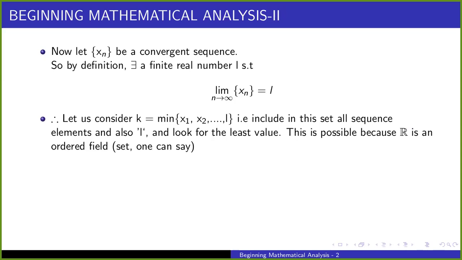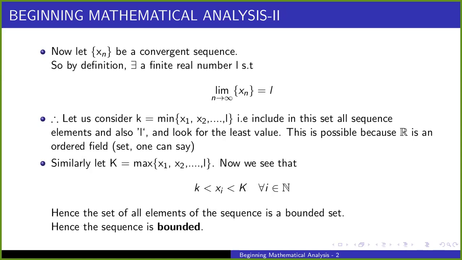This is possible because R is an ordered field, so there's an order on elements of any subset of R. Similarly, let capital K be the max of this same set. Now you immediately see that all xi's lie sandwiched between small k and capital K. Hence the set of all elements of the sequence is a bounded set, and by my definition, the sequence is bounded.